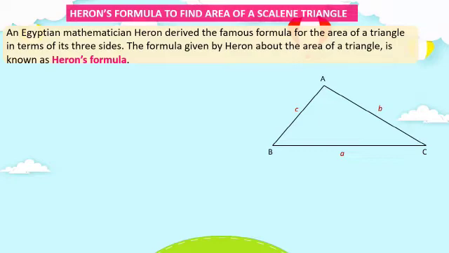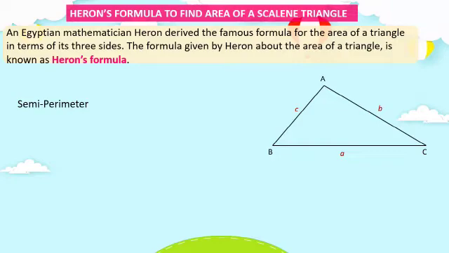For that, first of all, we will find the semi-perimeter. What is semi-perimeter? Half of the perimeter is semi-perimeter. Do you know why we find the semi-perimeter? We wanted to find a formula which gives us area in terms of the sides of a triangle.